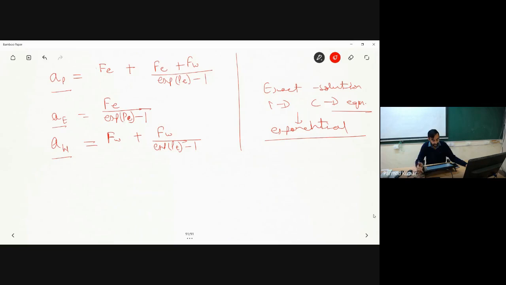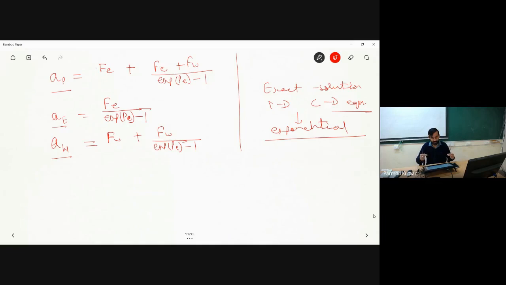So if it is derived by considering the exact nature of the solution, it will always give you a numerical solution exactly identical to your analytical solution. This is one of the biggest advantages of the exponential scheme. Moreover, this scheme does not depend upon the grid size. Why?